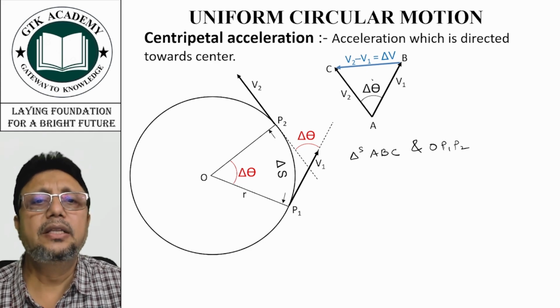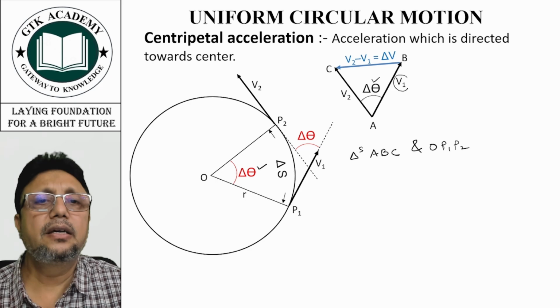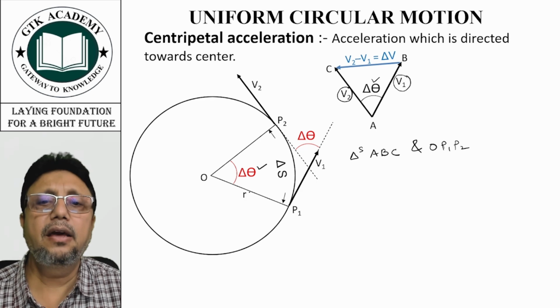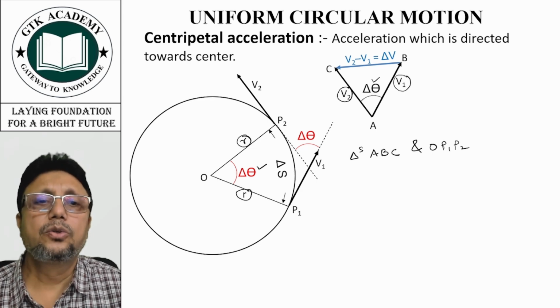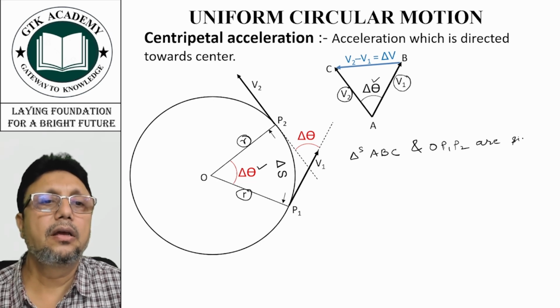Now you see, this angle is delta theta. Here also delta theta. This side is V1, this is V2, but magnitude is same. That means AB is equal to AC. And here OP1 is R, OP2 is also R. So that means these triangles are similar.